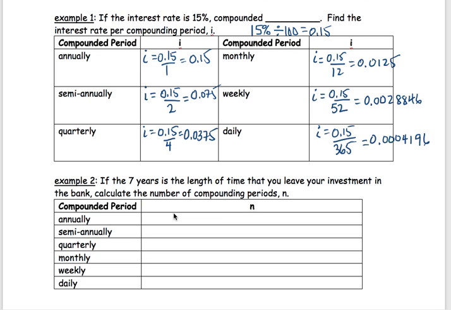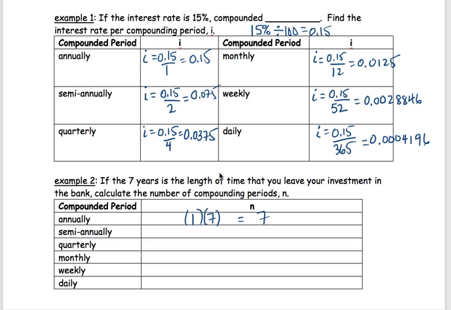If you know that you are getting interest compounded annually, that means in 1 year you get paid once. So if you leave your money there for 7 years, you just multiply by 7 like that, and you get 7 times.